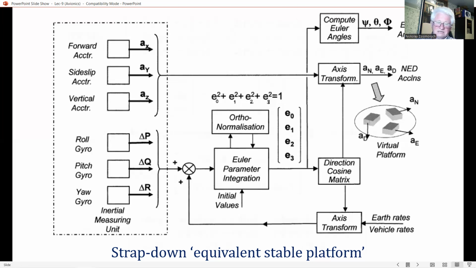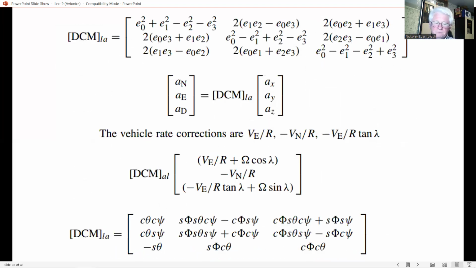So the direction cosine matrix for converting from aircraft body axis to the local NED axis may be represented by this matrix. Look at this one. And thus the aircraft acceleration components with respect to the local NED axis are given by a more simple expression like here.